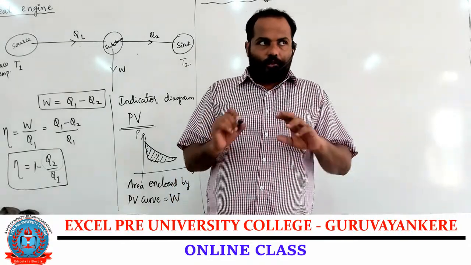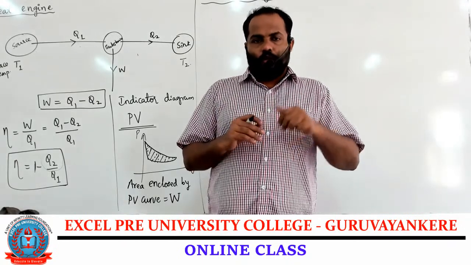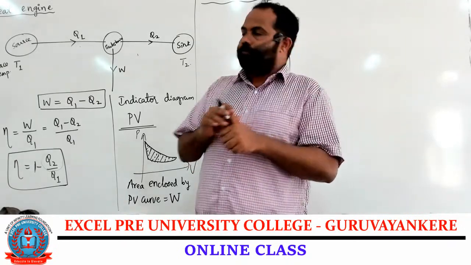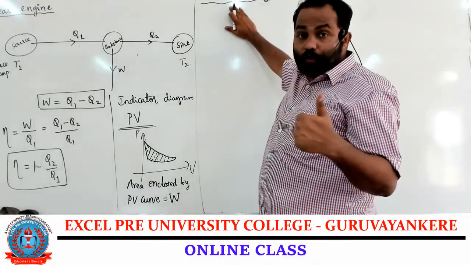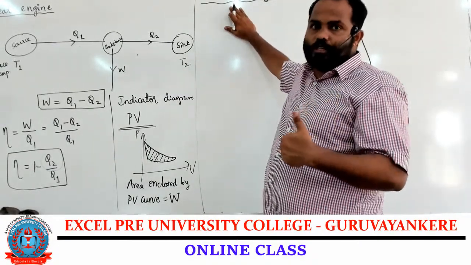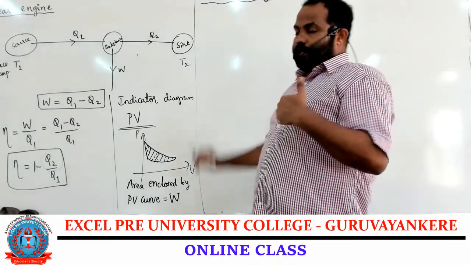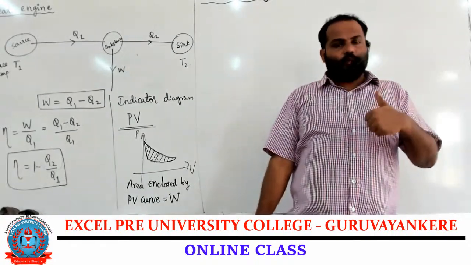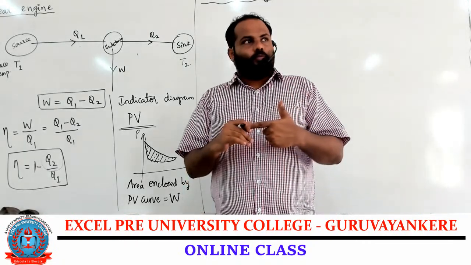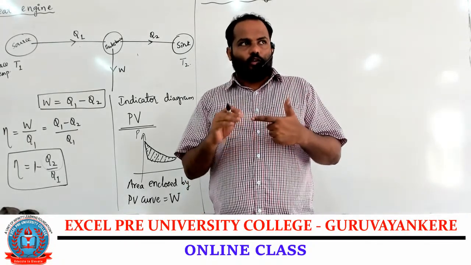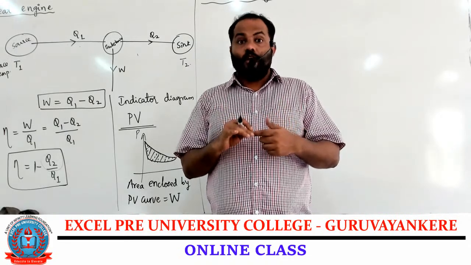So it is a bit of a challenge now. You have to have an engine which should not lose heat energy, because Carnot is trying to achieve 100% efficiency. So heat energy should always be conserved. Then the process should be slow so that heat energy can be conserved.